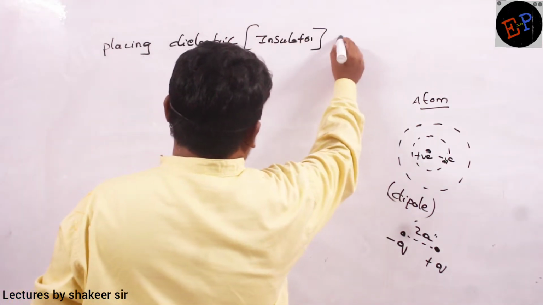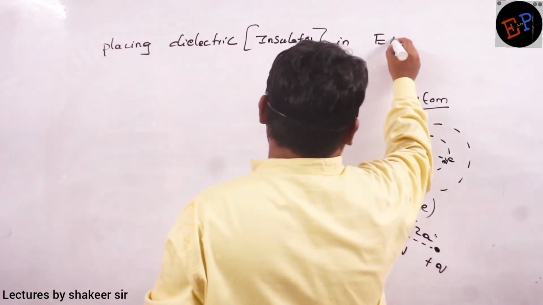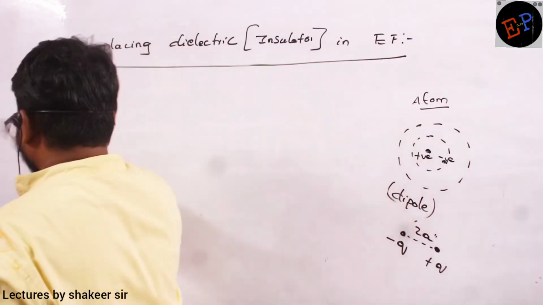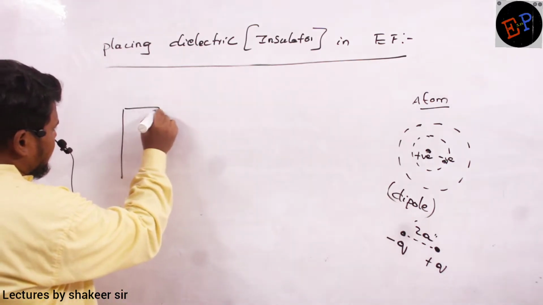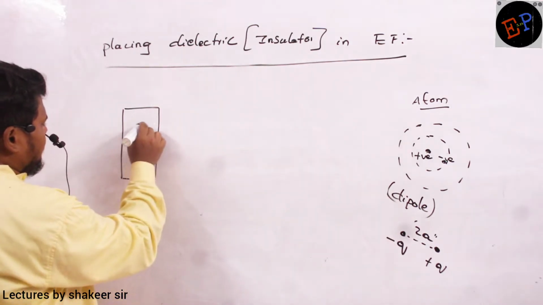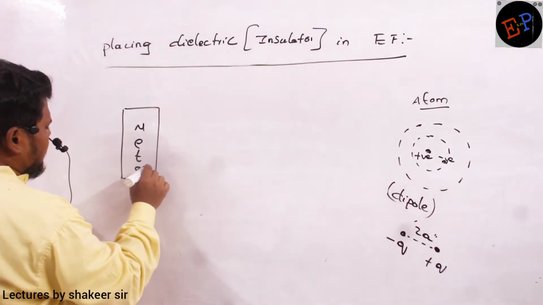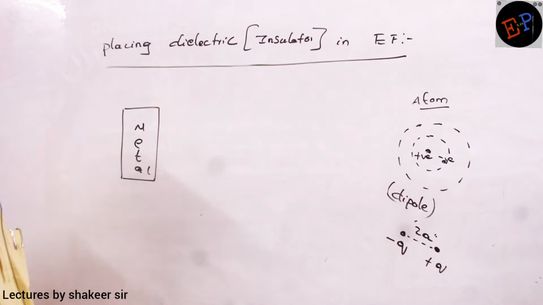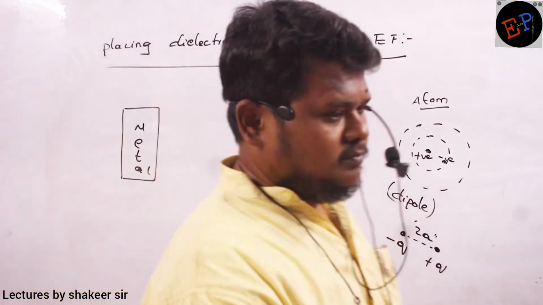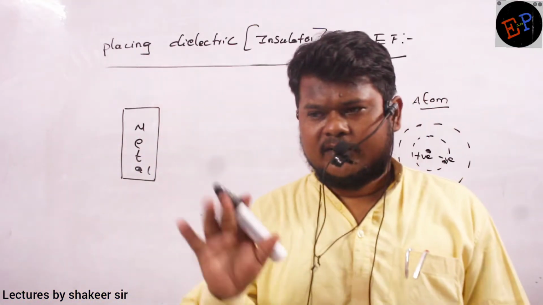Okay, see, ma, for example, consider this is a metal, piece of metal. Okay, and if I place this metal in electric field, can you say what happens? If I place a metal in electric field, what happens?